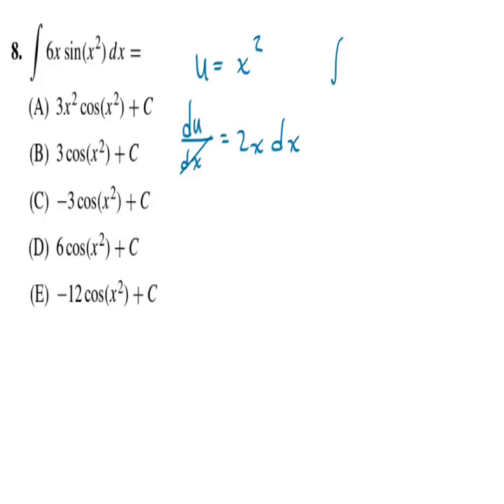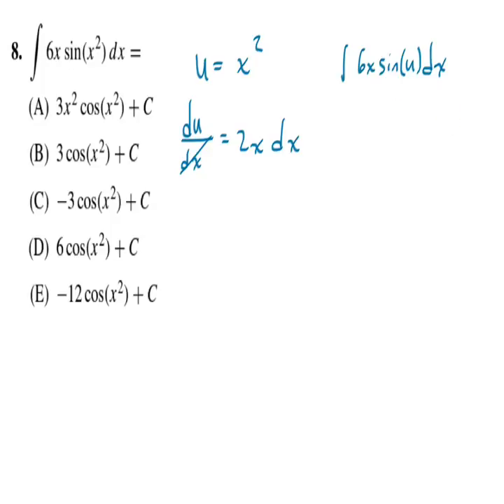First, let's replace the x squared. So we got 6x sine, and then we're going to put u in for x squared, dx. Now our next job is to get rid of that dx, and so I'm looking over here and I see I have a 2x dx, but over here I have a 6x dx.